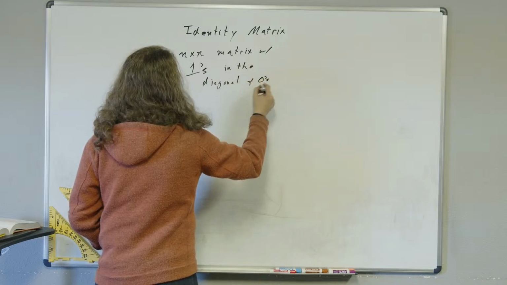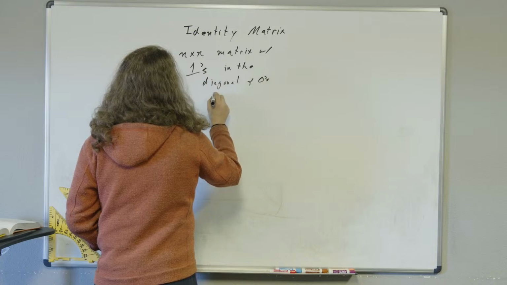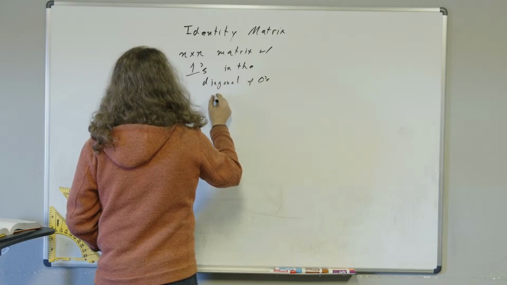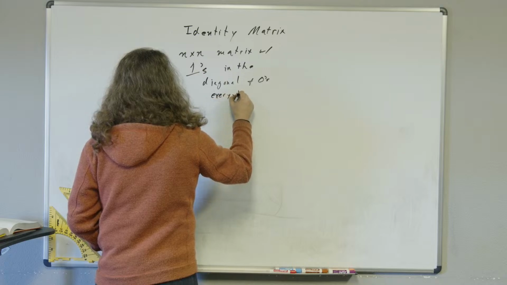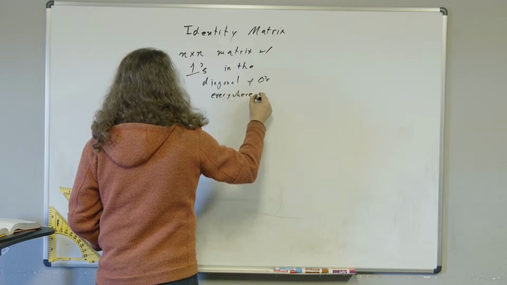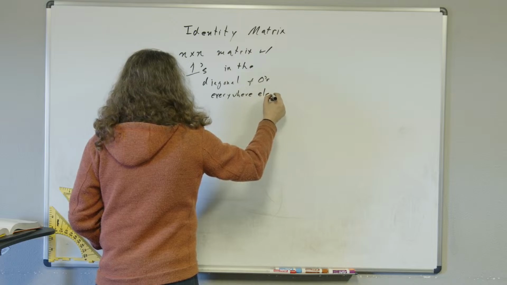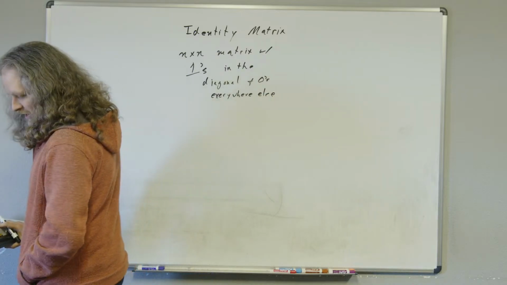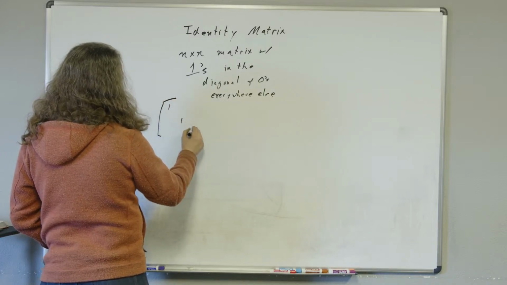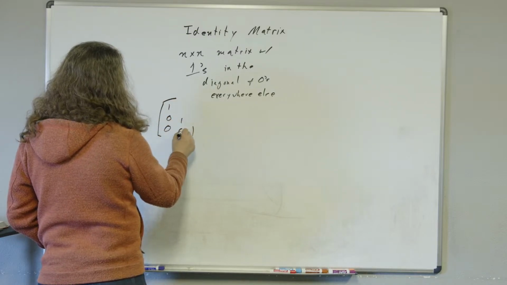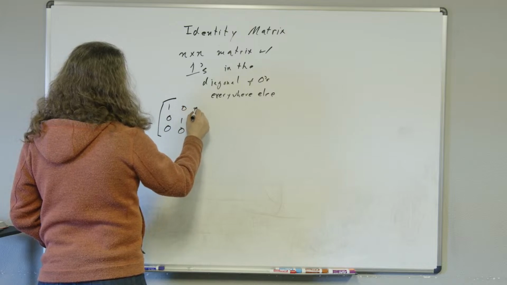So reduced row echelon? Kind of. So, yeah, like reduced row echelon form, except it's a square matrix and it only has those things. There's nothing else going on.